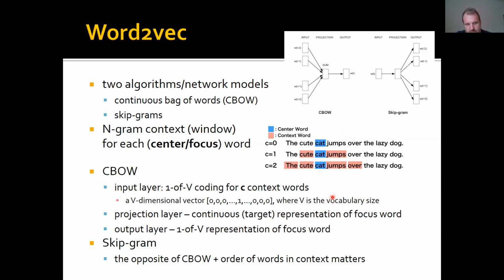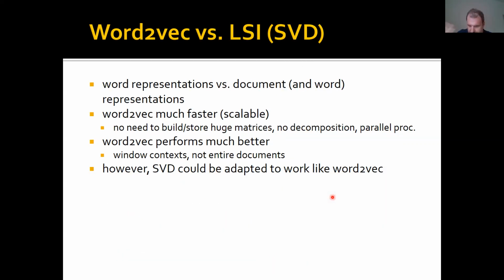And this is different from LSI, and from the vector model, because in the vector model we only have the frequencies of the terms in the documents, no matter where they were located. So in the vector model we completely lost the order of the terms, but not in word2vec. So these are some features that make word2vec work very well.